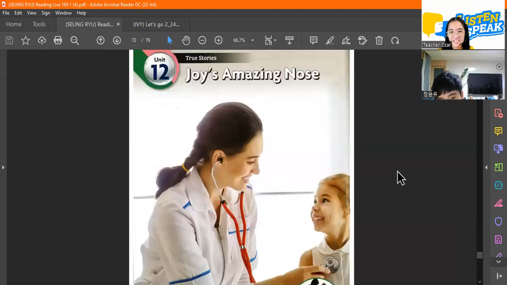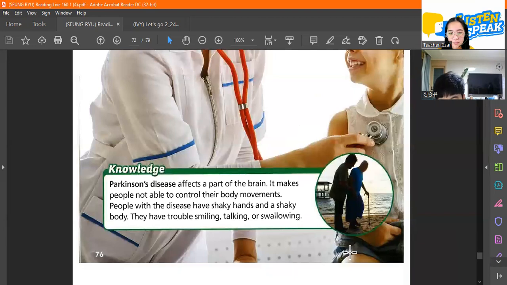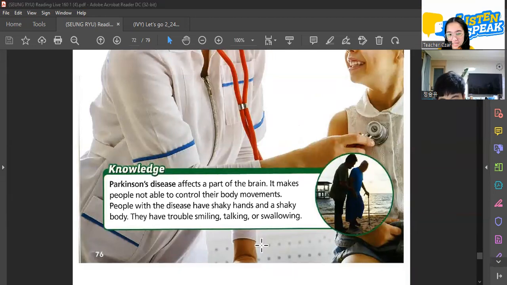Okay, here is the next topic. This one is all about Joy's amazing nose. It is a true story about a little girl. Now we will talk about Parkinson's disease. Can you read this one? What is Parkinson's disease? It affects a part of the brain.